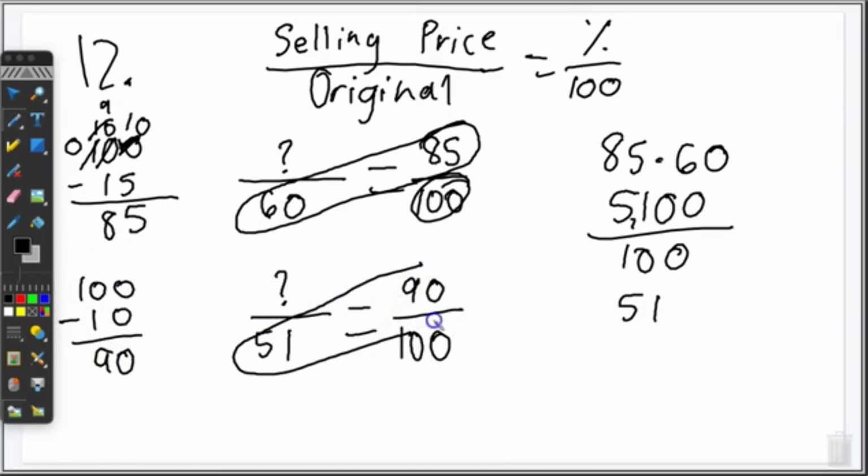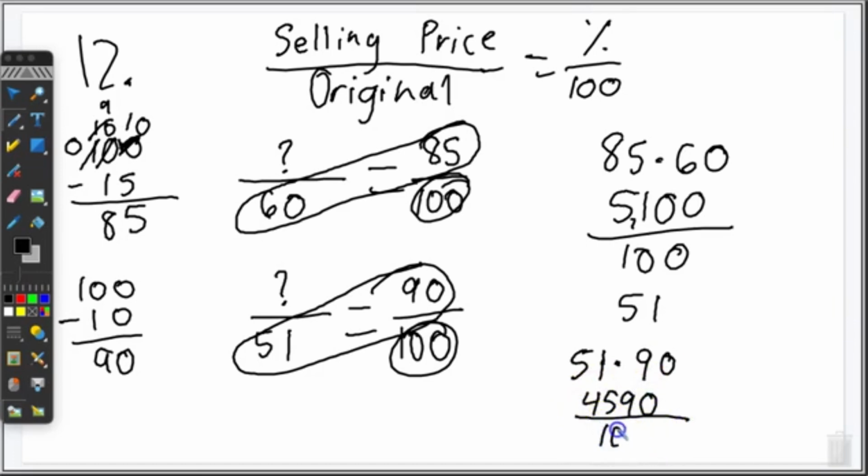So bat and ball again. 51 times 90 gives me 4,590. Then divide it by 100, and we end up with $45.90. And that is how you work number 12. All right? It's just two markdowns, one after the other.